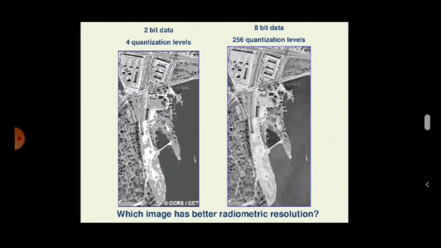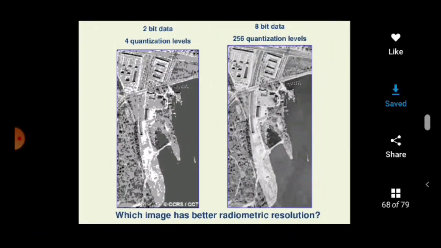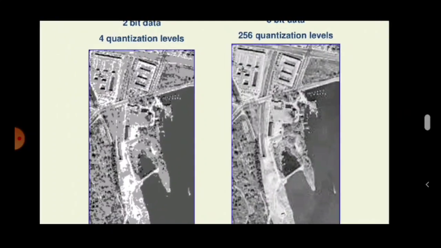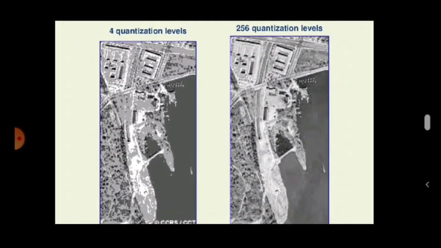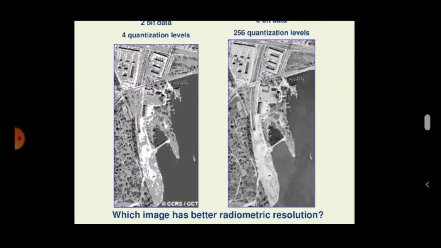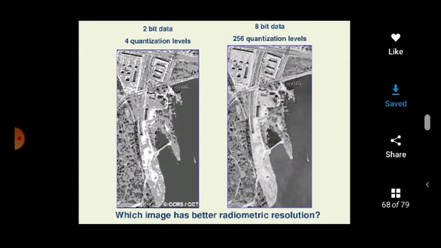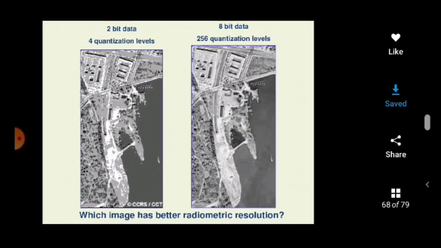So which one has the better radiometric resolution? You can have a glance and you can say this. The reason for that is the number of quantization levels is higher whenever the radiometric resolution is high.